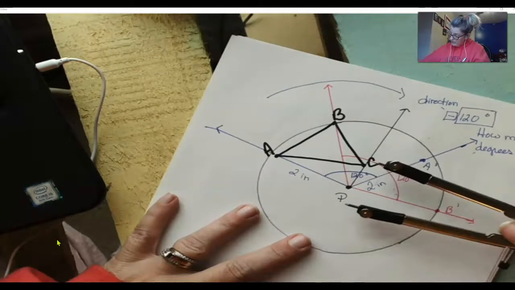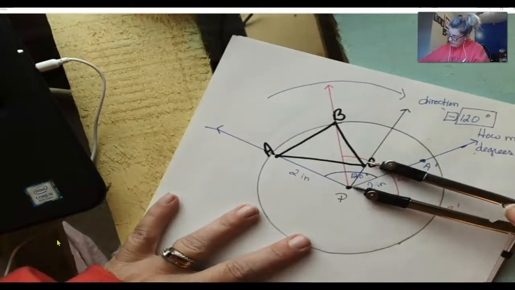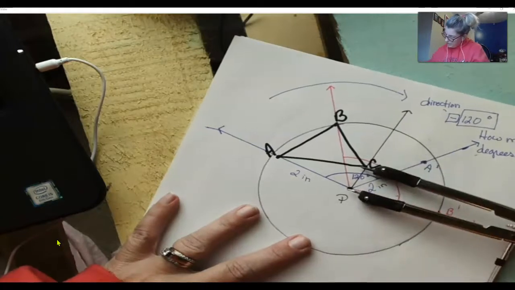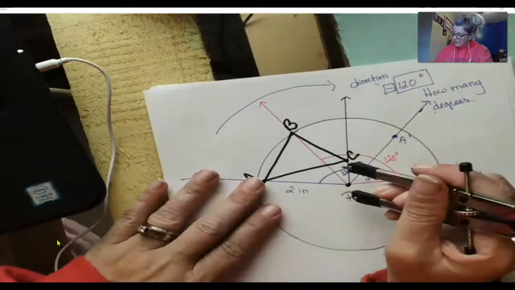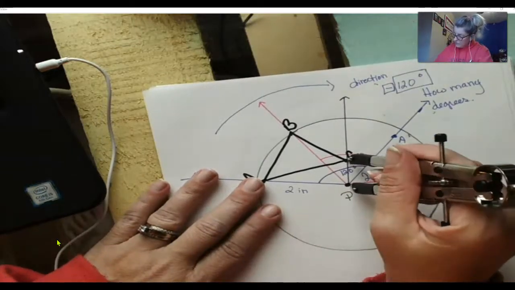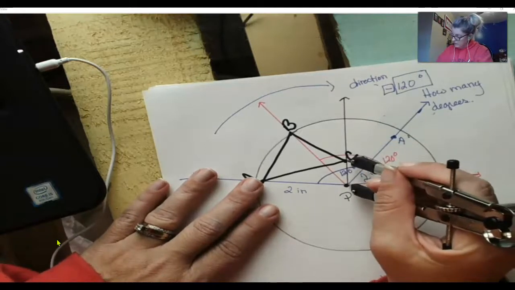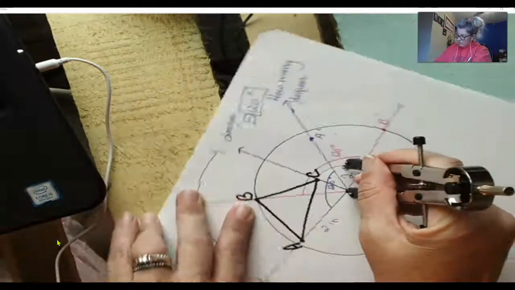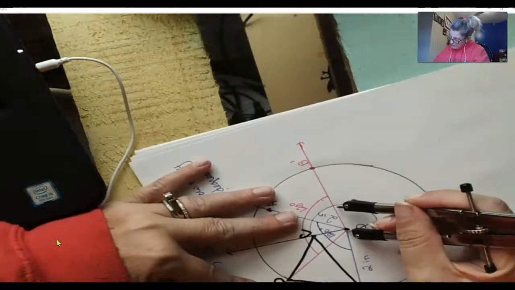Making mine smaller. Okay, so my circle is going to have a radius of the distance of P to C. Okay, I'm going to draw my circle. I got off. Let's go back and redo it.